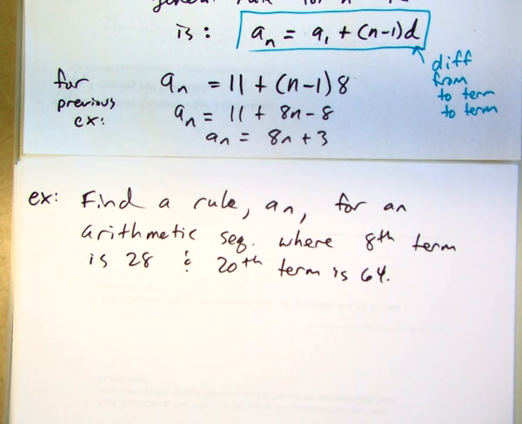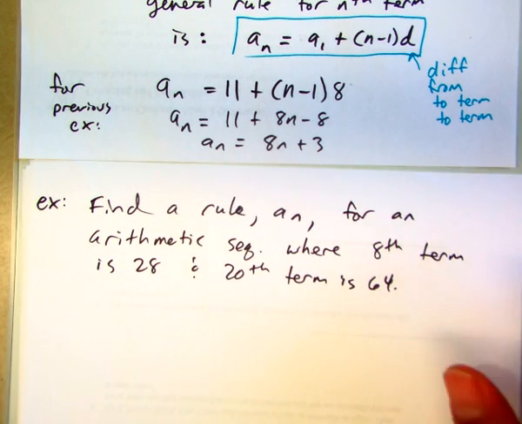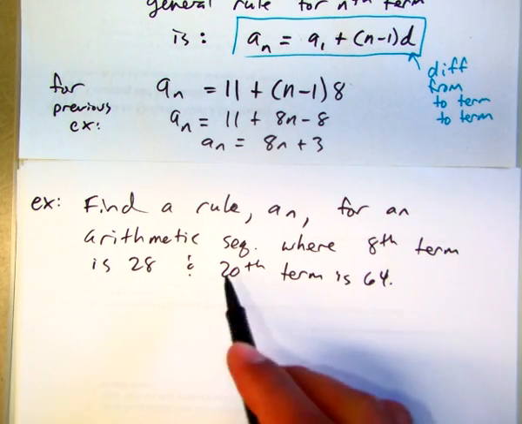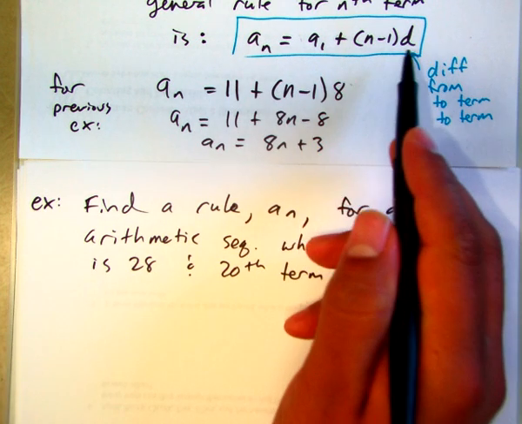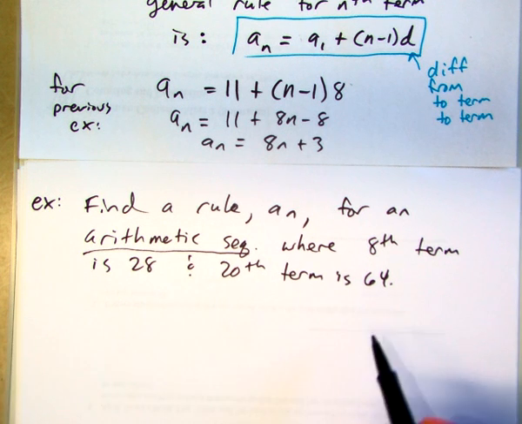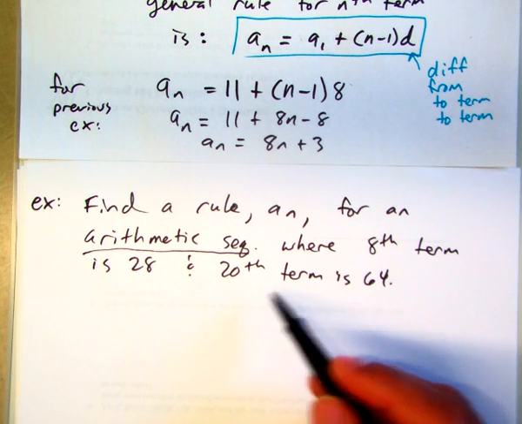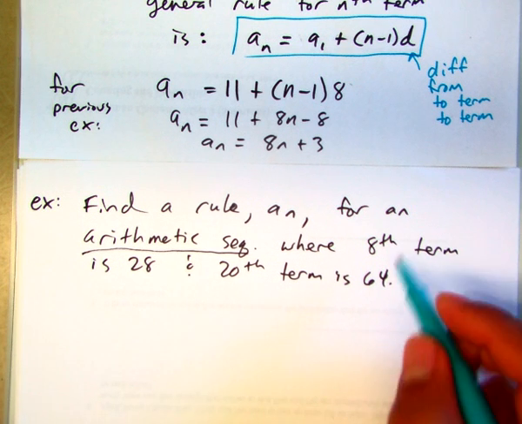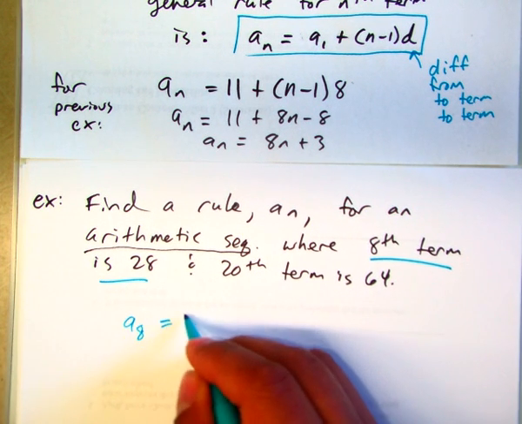I'm going to try to keep things as basic as possible. There are a few ways that you can do this, but I'm going to stick with the general rule that always works for an arithmetic sequence, and write down what I know. I know that my 8th term is 28, so a sub 8 is 28.